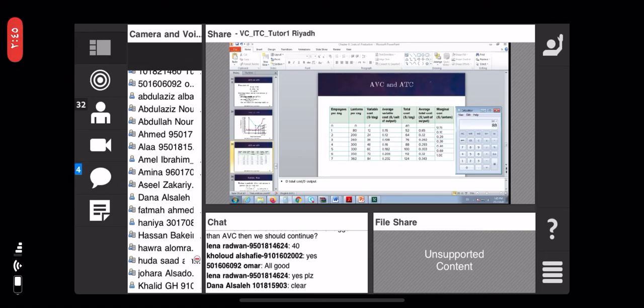Then 12 divided by 80 gives me 0.15. The difference between 52 and 64 is also 12, and the difference between 80 and 200 is 120. So 12 divided by 120 is 0.10, and so on.